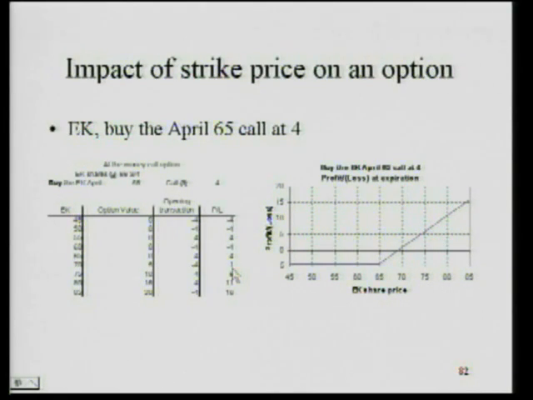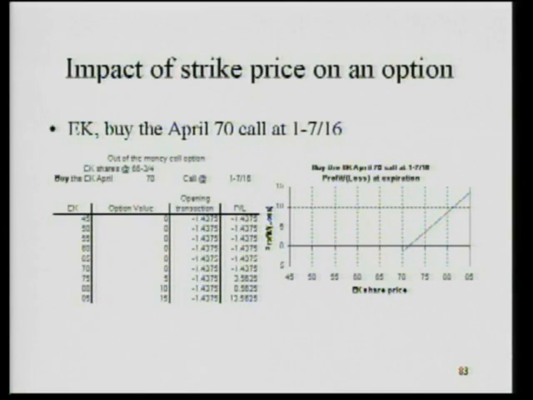And the 70 call, at 70 we're actually losing money, and we don't start making money until 70 plus the price of the option, which is 1 7/16, so 71 7/16. So we need Kodak to go up. So we're increasing the hurdle. We've gone from 69, now we need to go up to 71 and change.